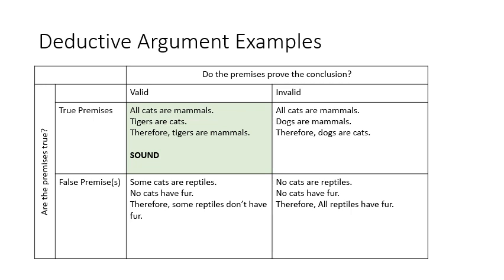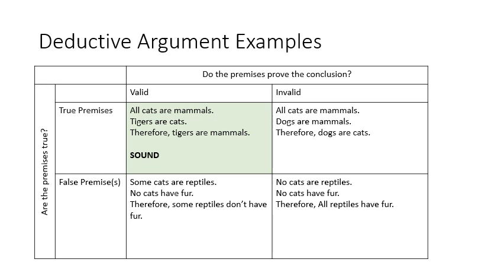So it should be obvious here that even though the premises are true, the conclusion could still be false, and so it's invalid. Where things can get a little bit more tricky is when you have an argument with false premises. It's hard to imagine an argument with false premises that we say is valid, but nevertheless, bottom left is a valid argument.